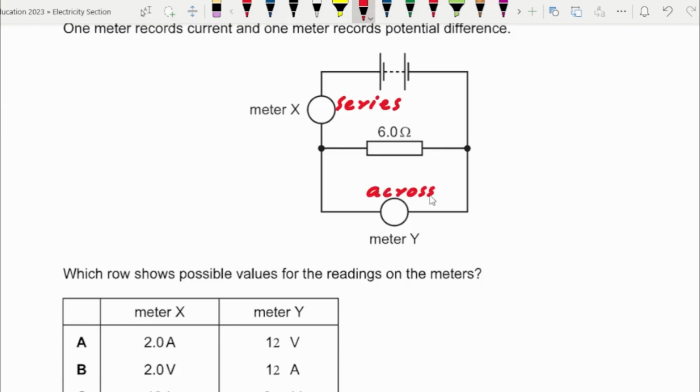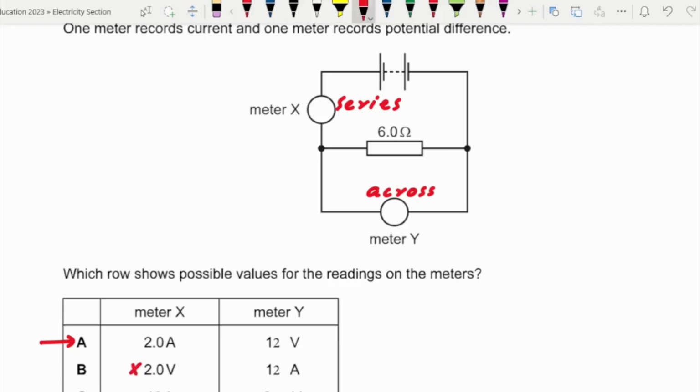So the meter that is connected in series is the ammeter, and the meter that is connected across the appliance is voltmeter. So it has to be either option A or option C, because option B and D are measuring voltage across with the meter X, so this can't be the case.